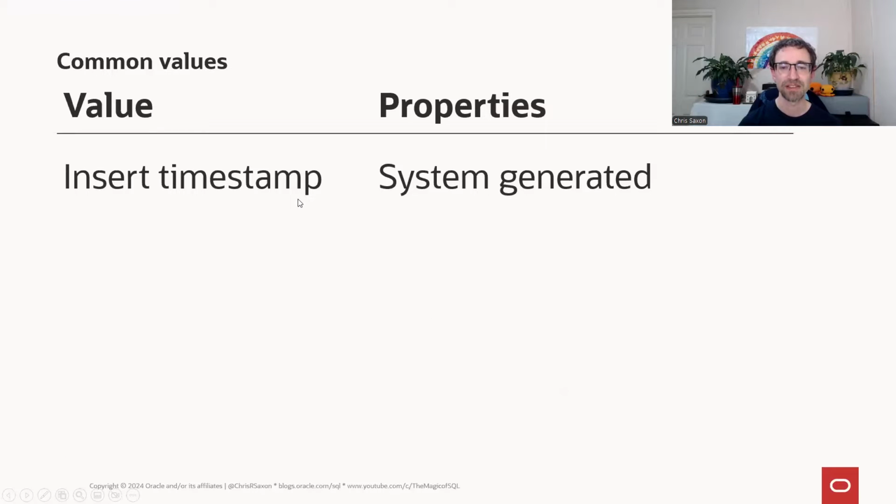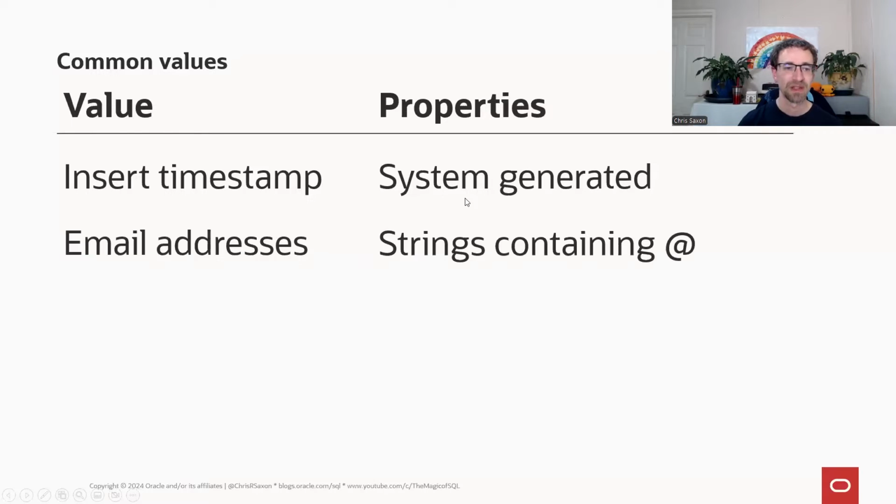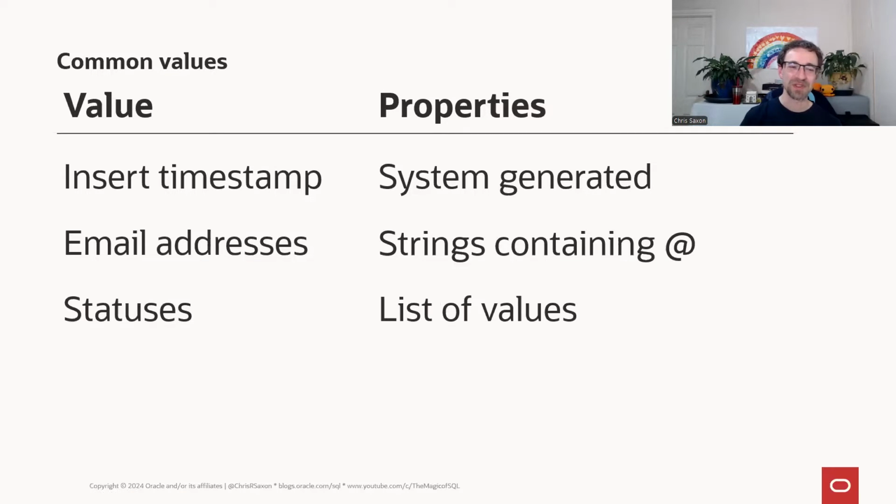First off, an insert timestamp, right? When each row was inserted into the database. And the property for that is going to be system generated. It's going to be a default value, essentially. Then we've got email addresses. So they are strings containing an at, basically. We've also got statuses, things like whether an order or invoice is open, closed, paid, refunded, cancelled, that kind of thing.